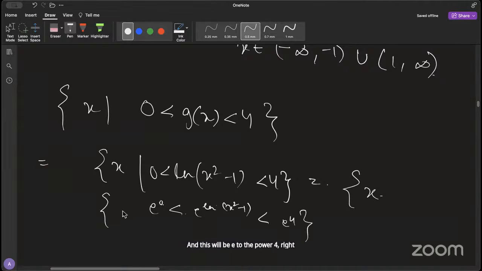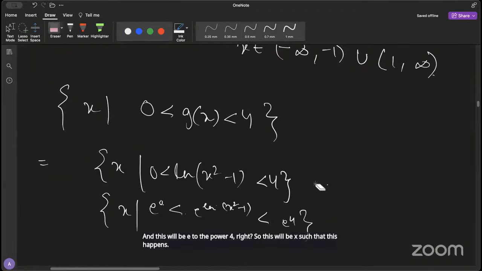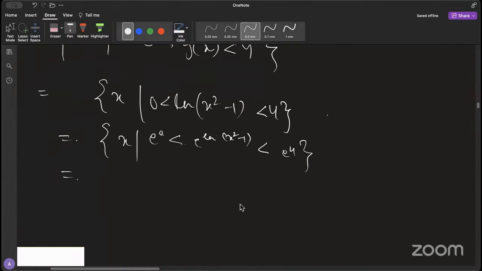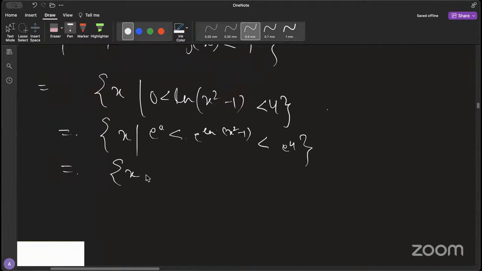So this will be x such that this is just 1, this is x square minus 1, and this is e to the power 4.